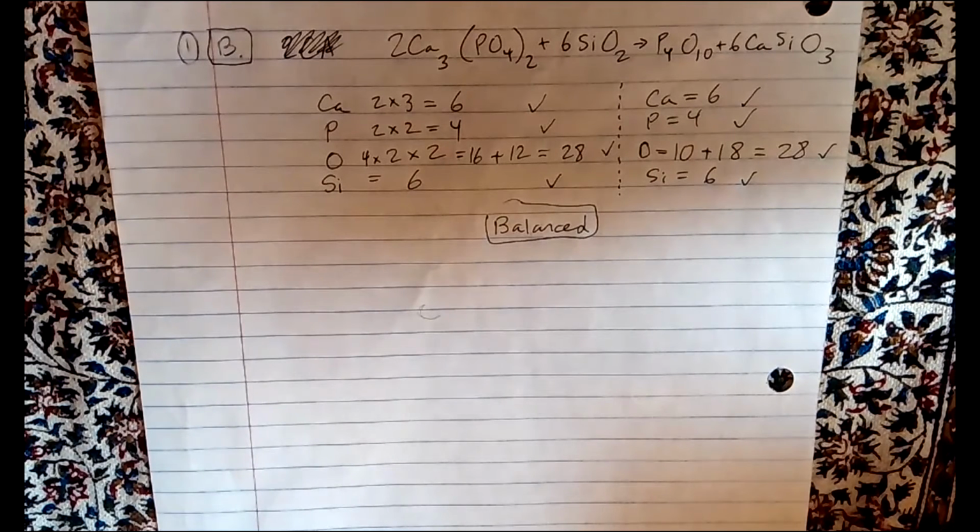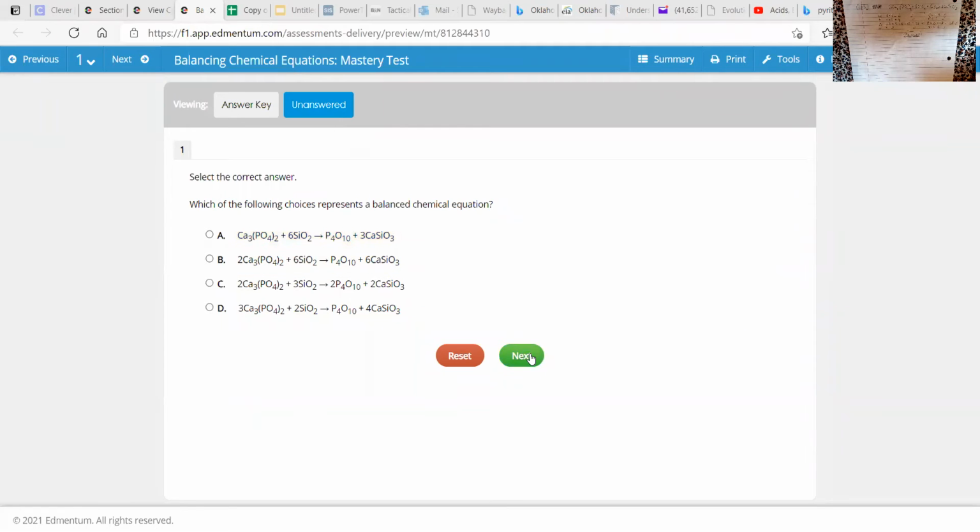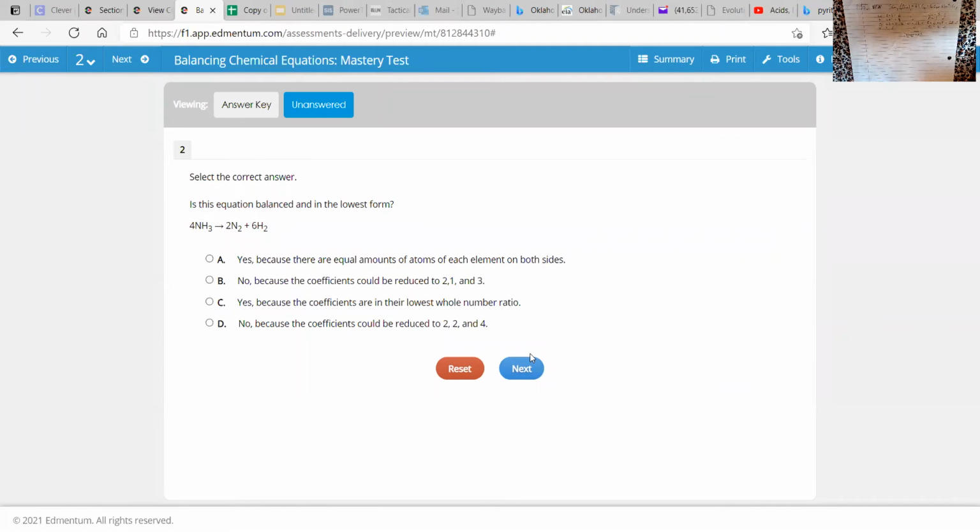All right, let's get back to question 2. Is this equation balanced and in the lowest form? Another thing you have to pay attention to with these chemical equations is that you don't want any type of redundancy.